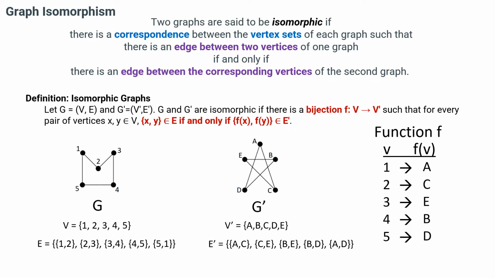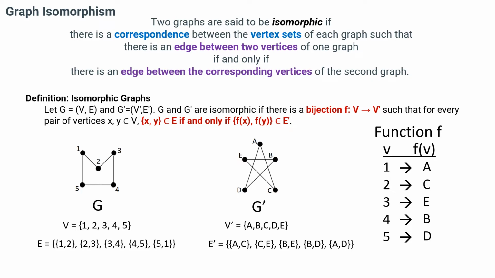If there's an edge between x and y in E, then if these are truly isomorphic, there's also an edge between the corresponding vertices. And it's an if and only if, so it goes back the other way too.